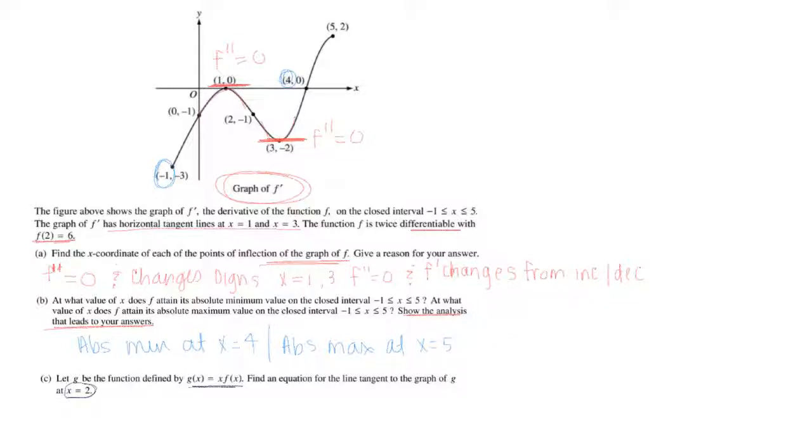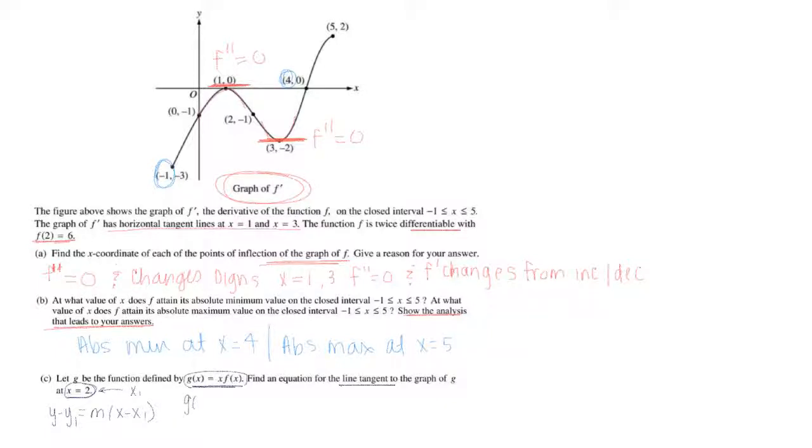So the first thing we need, let's remember the equation for the line tangent that we used was y minus y1 equals m times x minus x1. And we know what x1 is. We're given that. There's our x1. Now we need a y1, so that's going to come from the original. So let's plug in and see what we get.